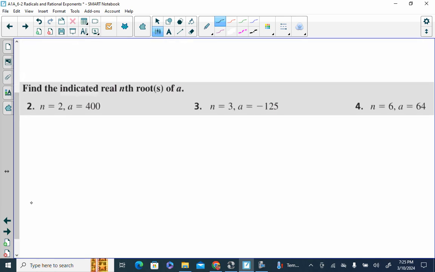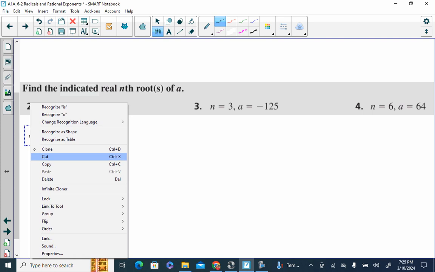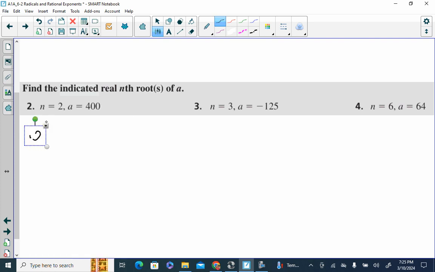Find the indicated real nth root of a. So for example 2, we want the square root of 400. So that is the square root of 20 times 20.